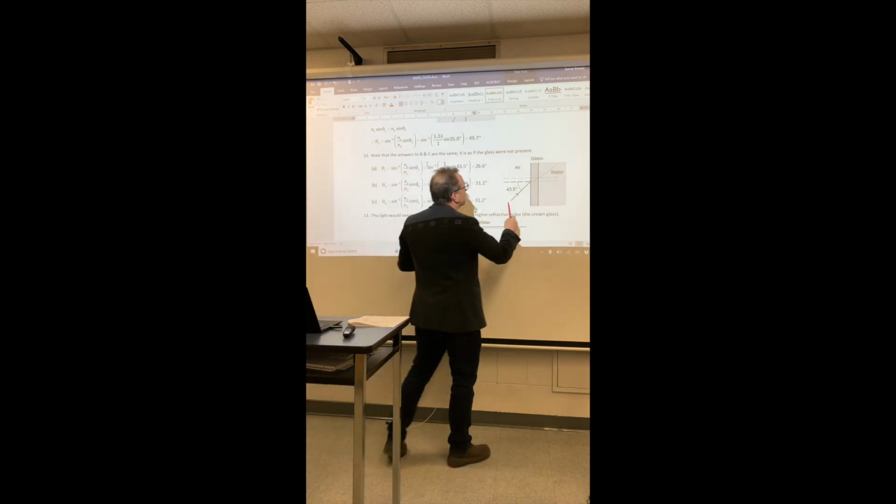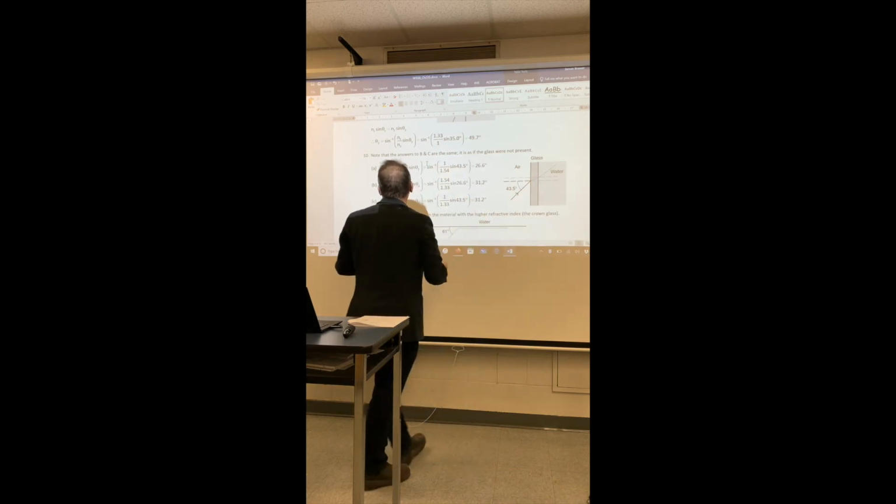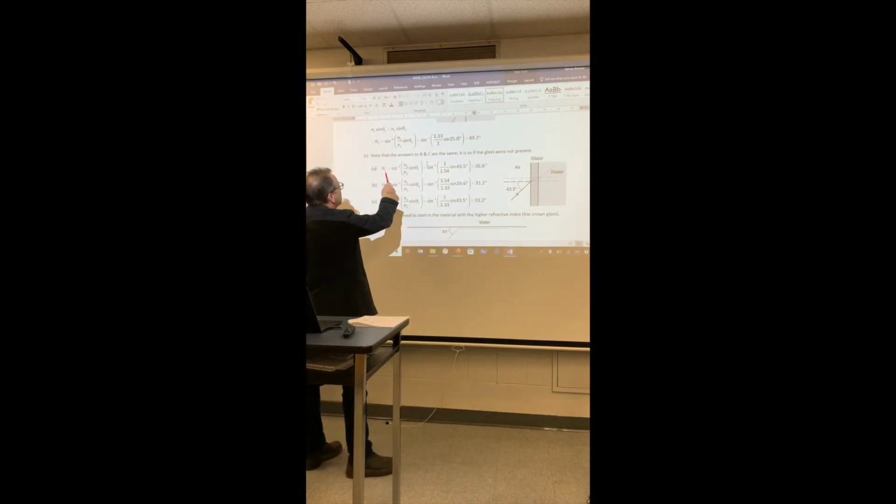Well, I've got theta 1, theta 2, I've got n1, I've got n2. So I can quickly work that out. Theta 2 is essentially the same as what I've done up there. I've just got this equation and I'm reusing it with some different values. So that would be 26.6 degrees.